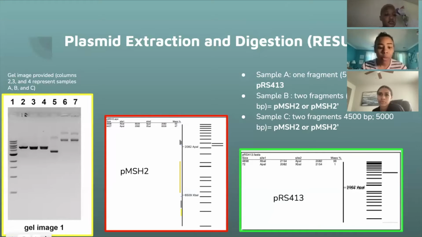One of the biggest details within this experiment was that sample B and sample C could each represent pMSH2 or pMSH2 prime. The reason is that at this point in the experiment, we're unable to distinguish between them, because both genes generated by identical parents are the same after ApeI and XbaI digestion.